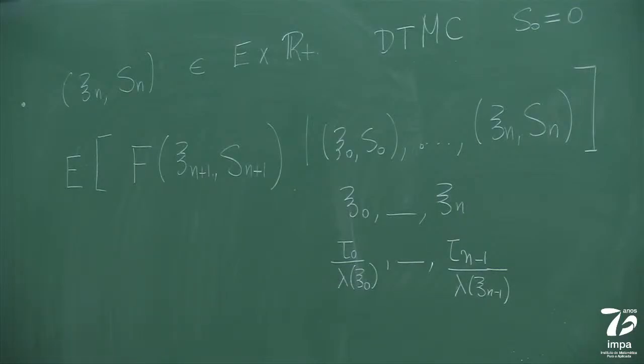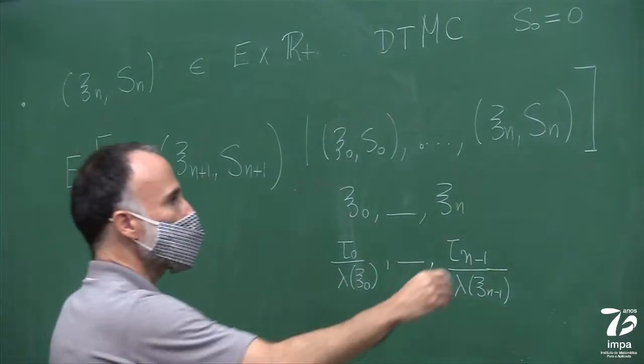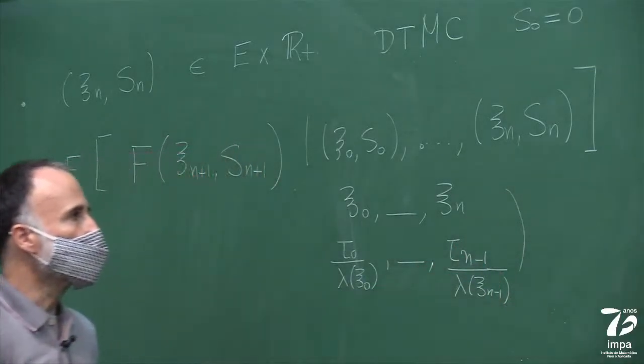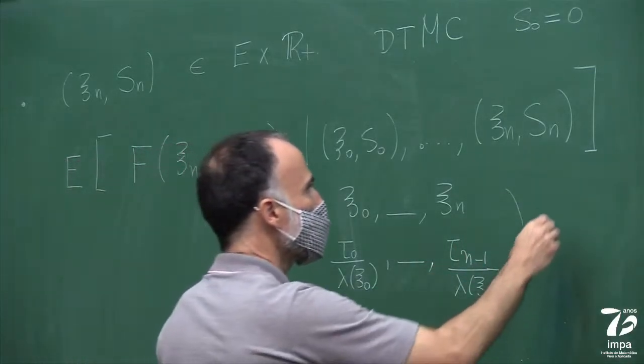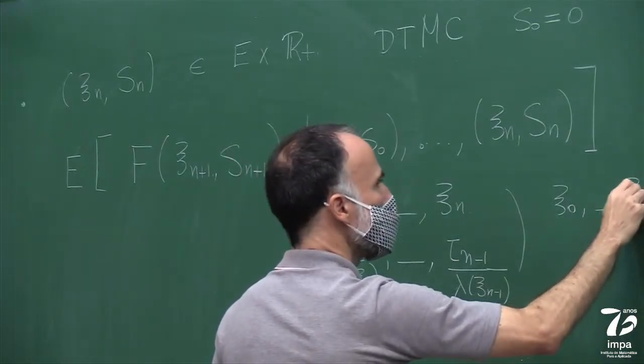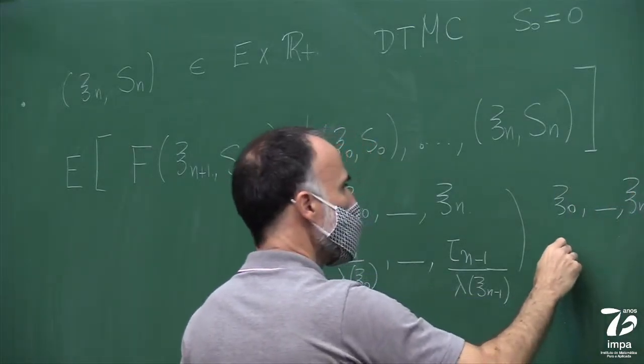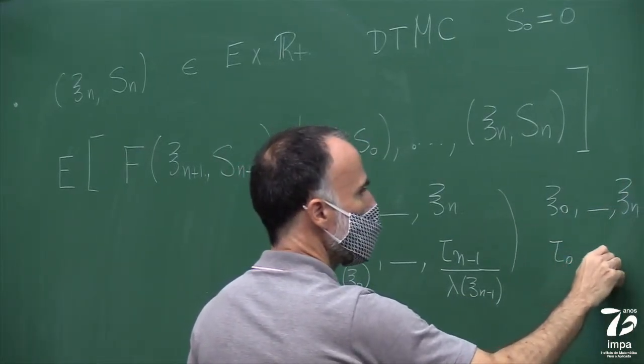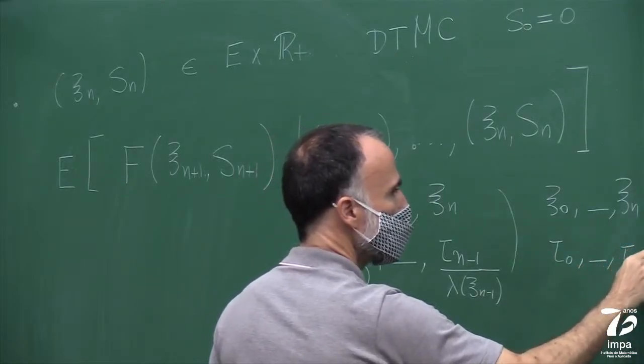What I'm claiming is that this sigma algebra is the same as the one generated by xi 0 up to xi n and tau 0 up to tau n minus 1.